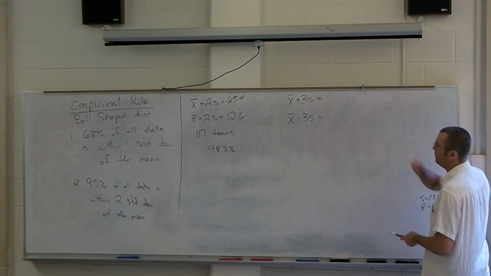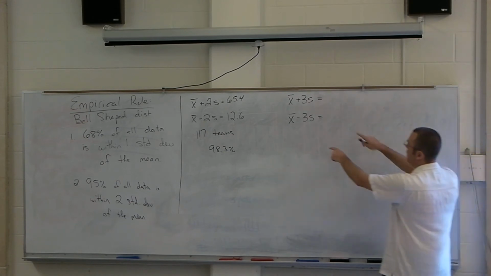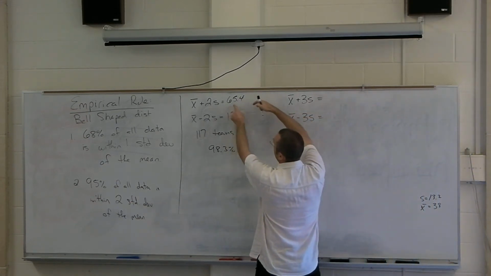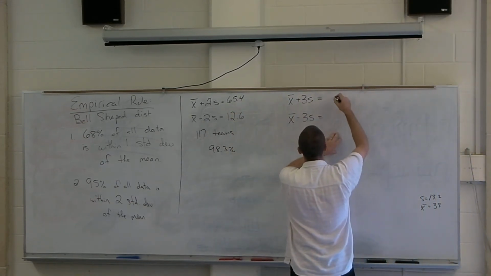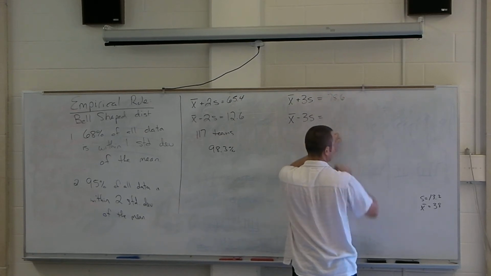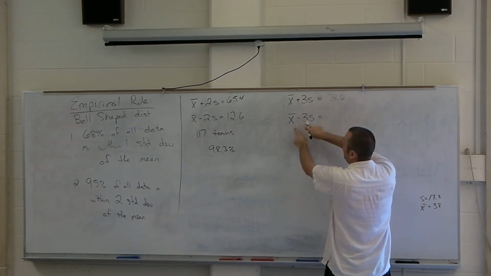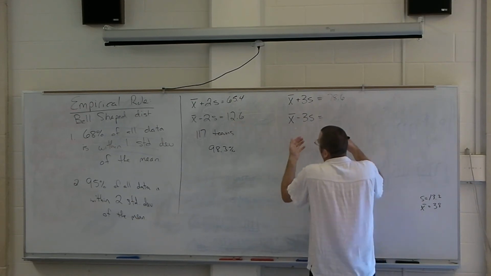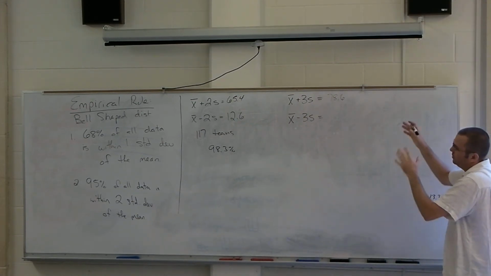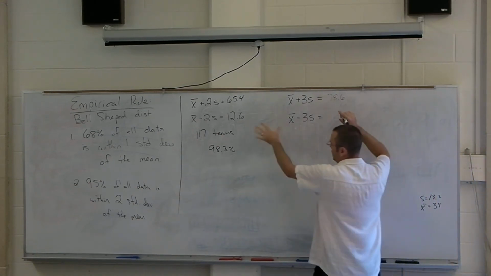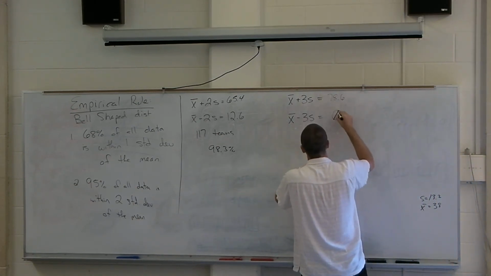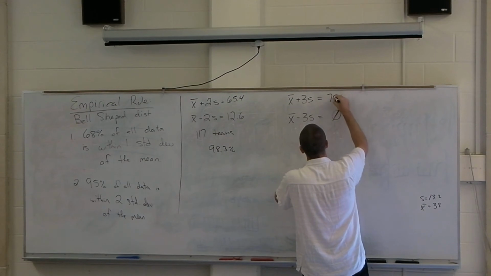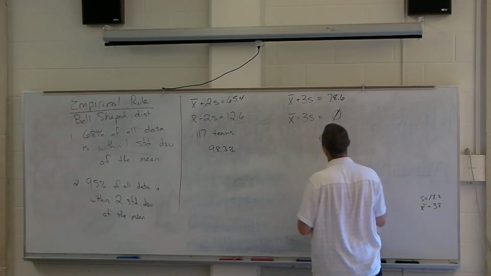If we go 3 standard deviations out, we add 13.2 again, and then subtract another 13.2 on the low side, and you get a negative value. We're just going to call it 0, because the numbers out here have to have real meaning. I can't score negative touchdowns.